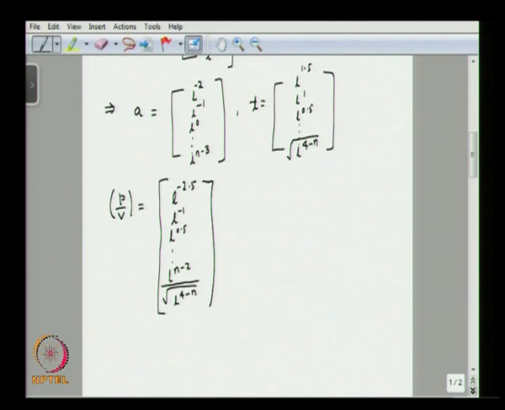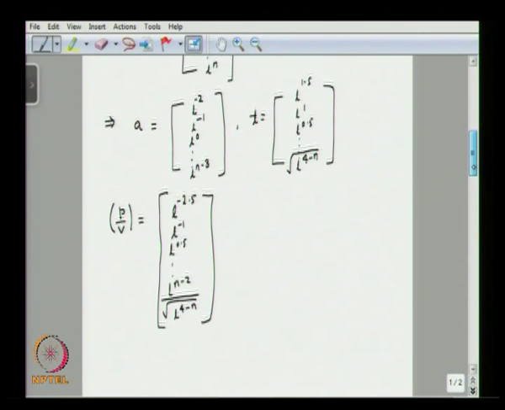So, that is how the power to volume ratio is going to vary.